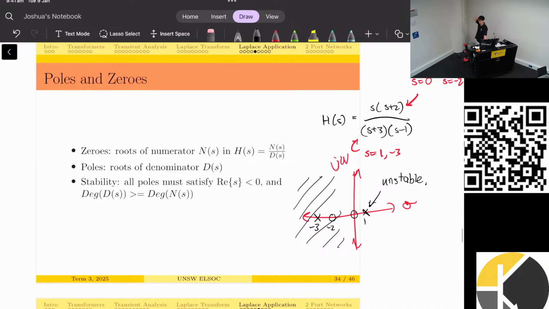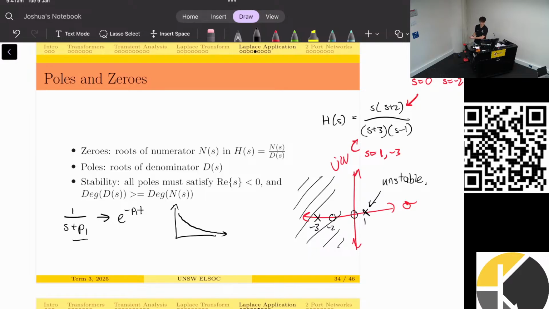The intuition behind that is, say you have a pole like this. The Laplace transform of this in the time domain is e to the minus p1t, right? So if p is a positive value, like in this case, then we're going to have an exponential that decays to 0, which is stable.